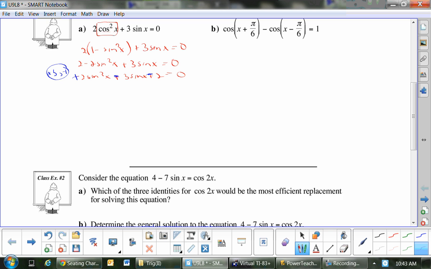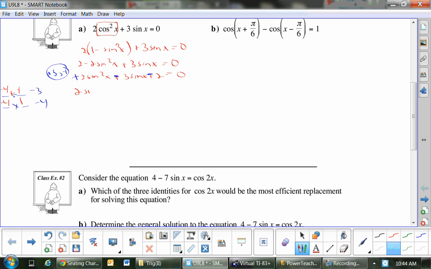We are going to be looking for 2 things that add to give me negative 3 and multiply to give me negative 4, right? You have to multiply the a. And those 2 numbers are negative 4 and 1.